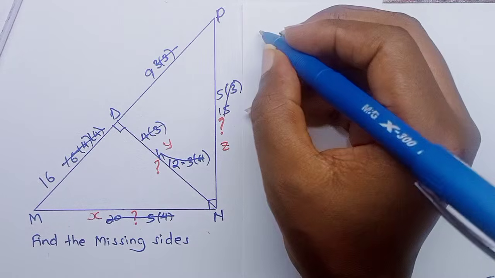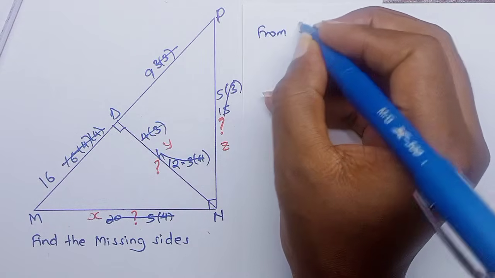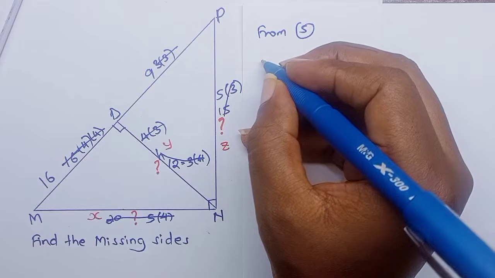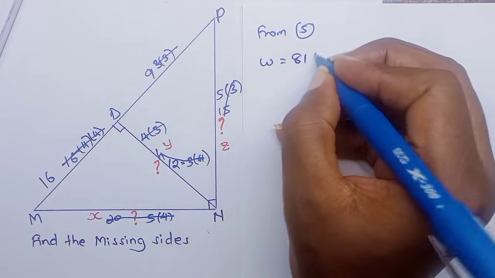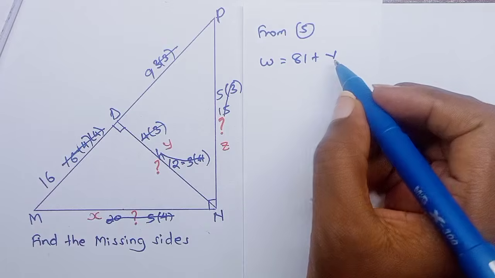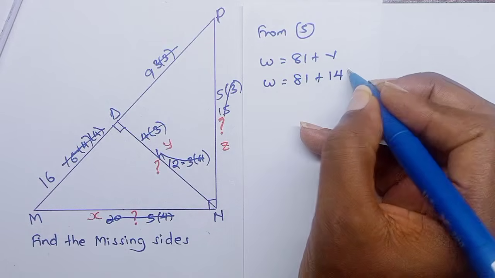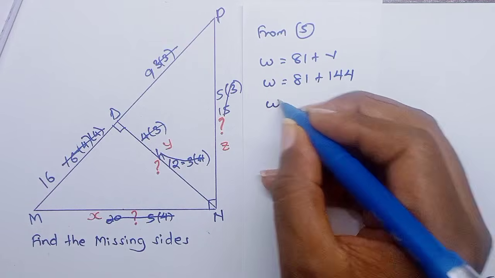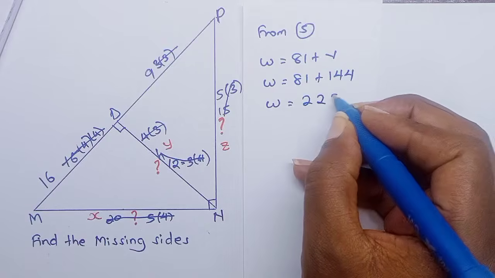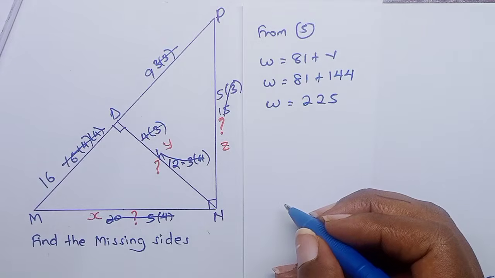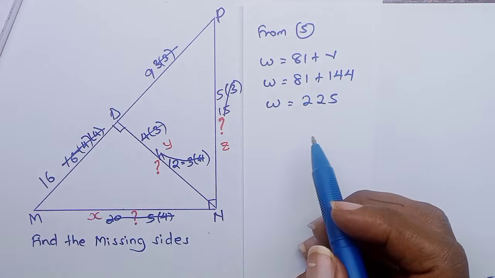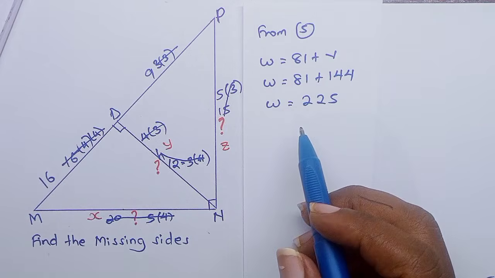And also from equation 5, we had that w is equal to 81 plus v. And we have found v, so w is equal to 81 plus 144. And therefore w is equal to 225.